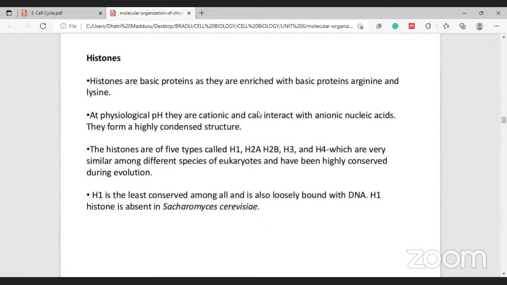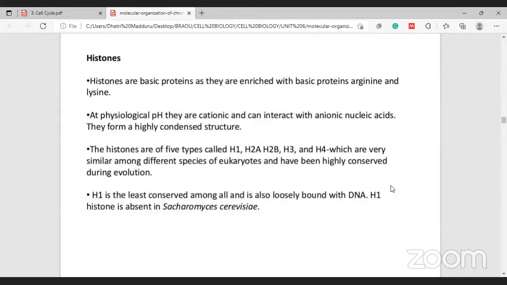And at physiological pH, they are cationic, and they can interact with the anionic nucleotides. DNA is usually negatively charged, and histones are positively charged. Hence, they can interact and form a highly condensed structure. These histones are of 5 types: H1, H2A, H2B, H3, and H4, which are all similar and conserved.